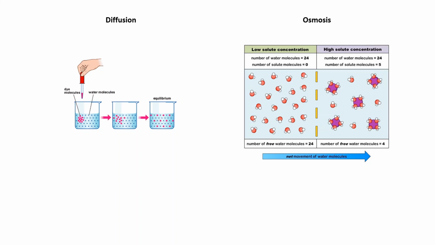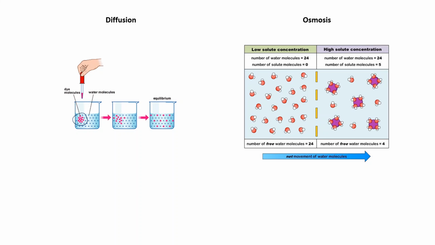So for instance, if we were to take a beaker of water and some dye molecules in a dropper and drop a couple of drops of that dye into the beaker, what you would see initially is a concentrated spot where the dye has hit the surface of the water and kind of fallen down and started sinking into the beaker.